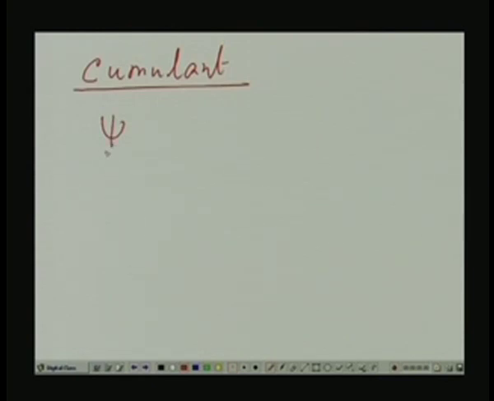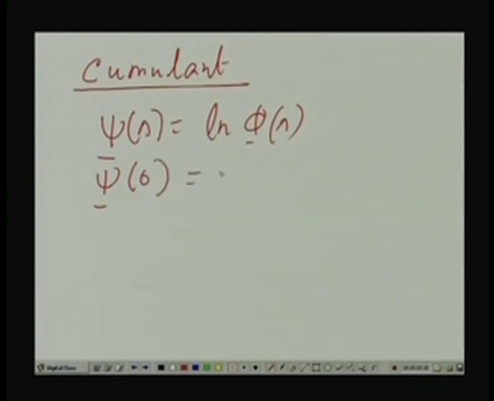So we recall psi bar s is ln phi bar s, and psi bar 0 was ln phi bar 0, but phi bar 0 is equal to 1, so this quantity is 0.